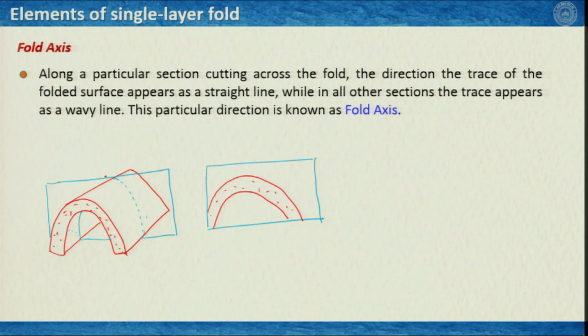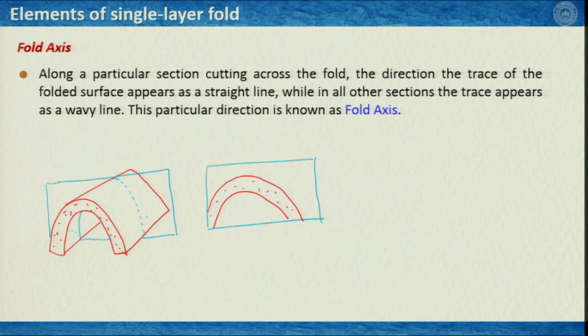I can also construct any other plane cutting across the folded surface, but on each and every plane we will always see that the trace of this folded surface would be curved.